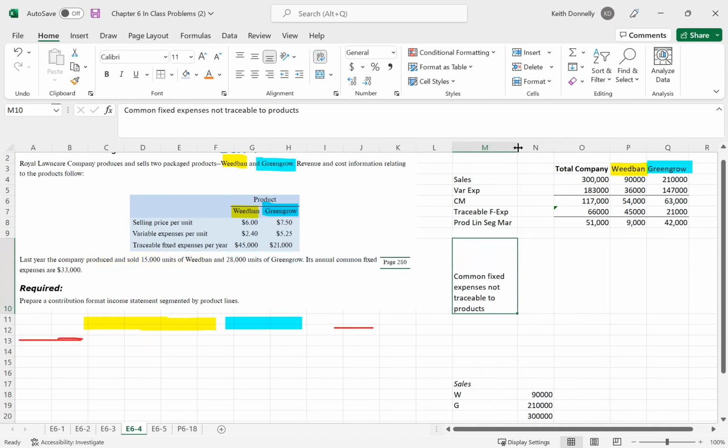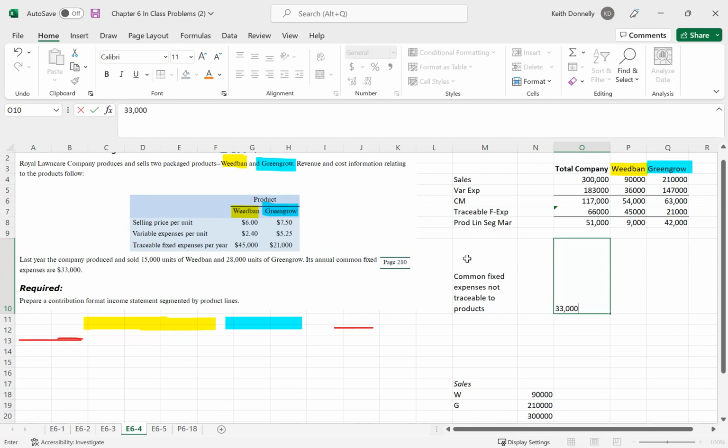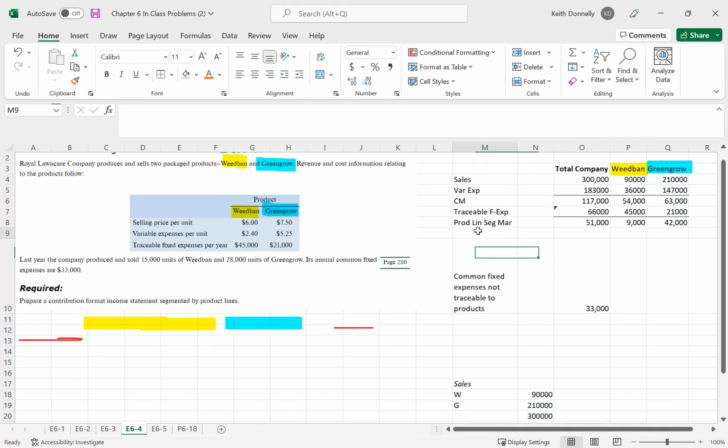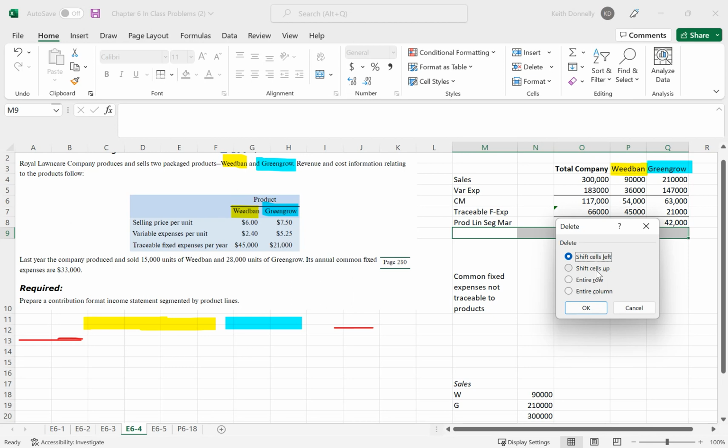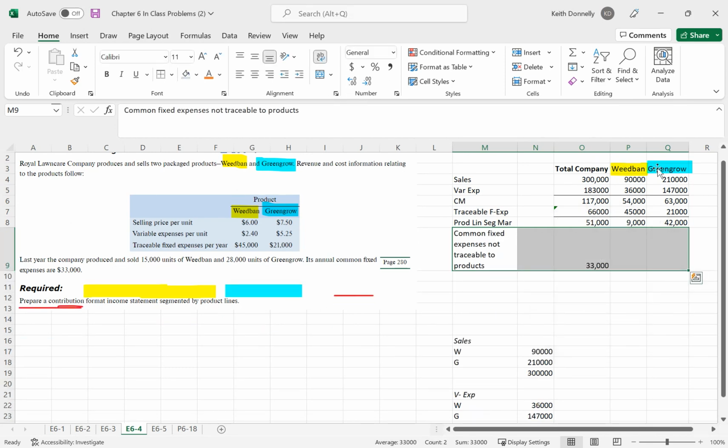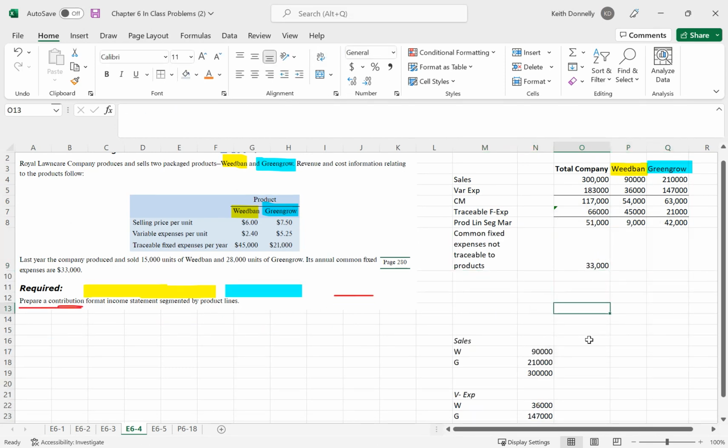That's a big guy there. That's going to be the 33,000. We can't really trace it to the Weed Ban or the Green Grow exactly, but from a company-wide standpoint, we can look at it.